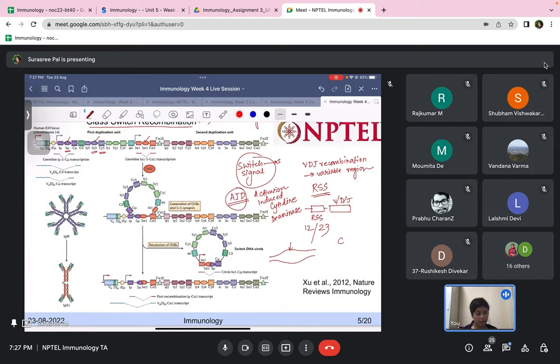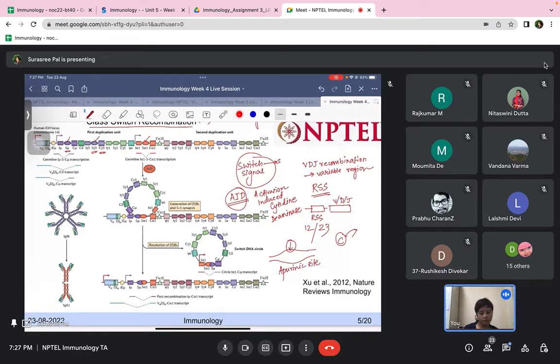There it can make a cleavage and remove this cytidine, and in that place there are other enzymes which will add nucleotides, and this will create an apurinic site, and this will actually induce DNA repair at this point. And this is how this recombination event will take place.